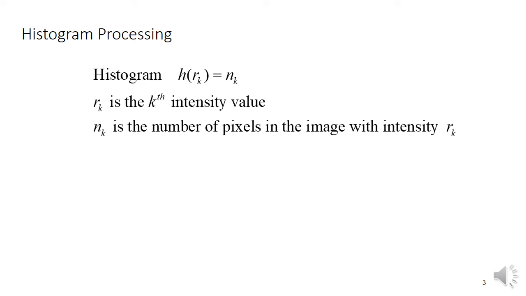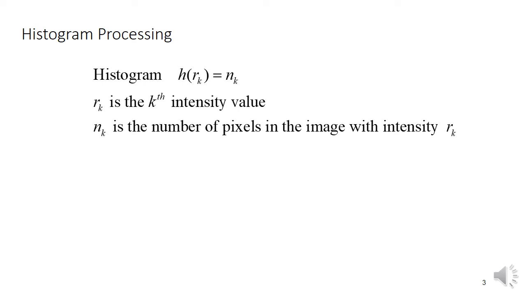Like for example, we have an 8-bit image, and the maximum of the intensity value could be 255, starting from 0. The range of the intensity values in an 8-bit image is 0 to 255.